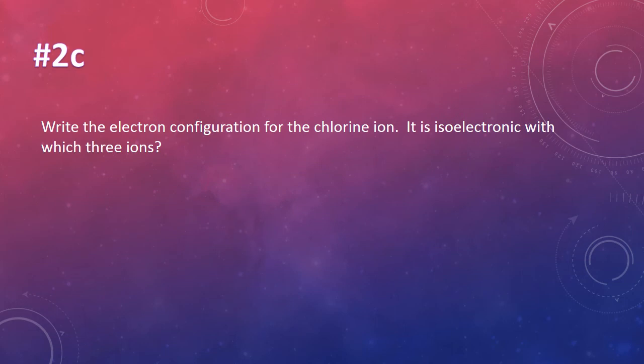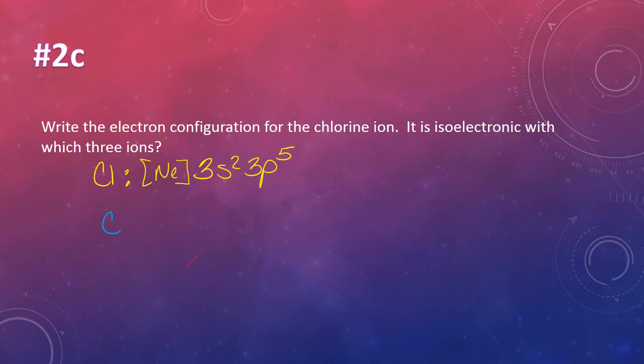So we need the electron configuration for the chlorine ion. Go ahead and pause the video and see if you can do it. Let's see, chlorine by itself has the electron configuration of neon, and then 3s2 and 3p5. Now for chlorine to become an ion, what has to happen?